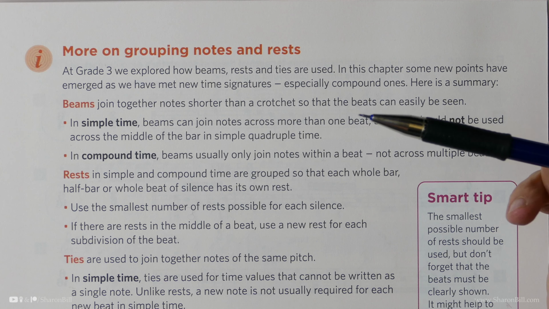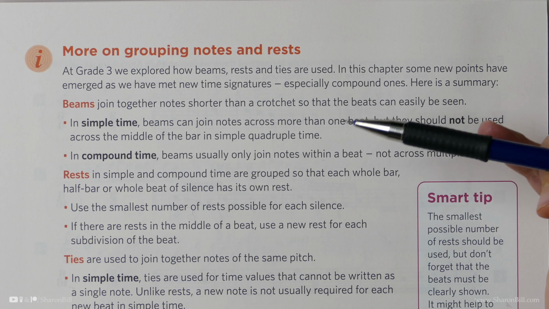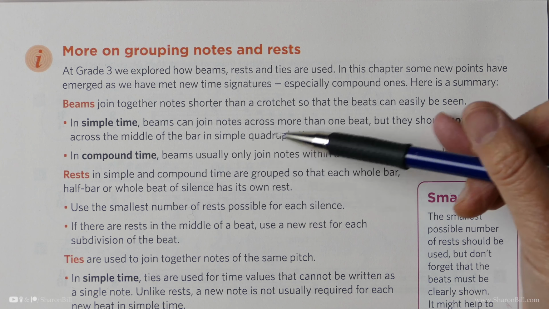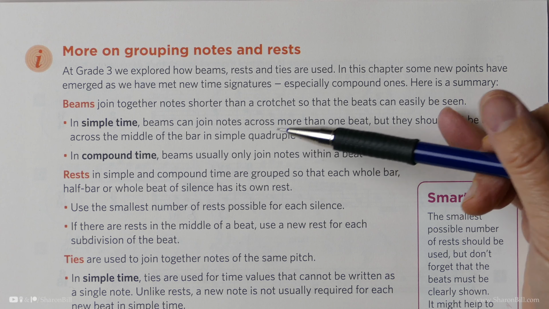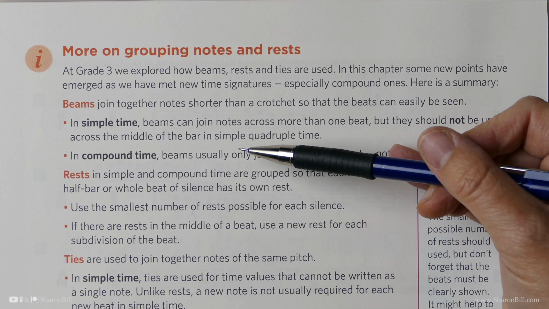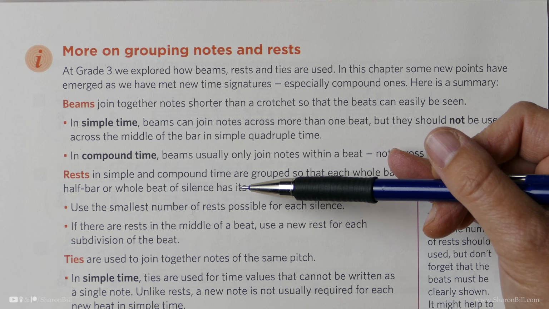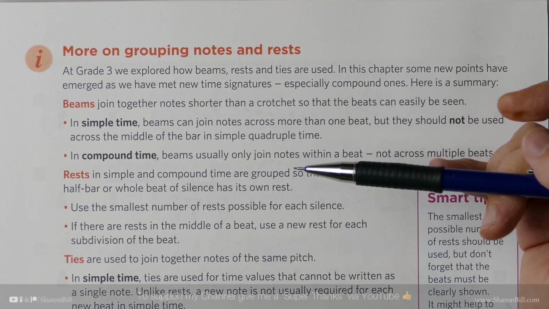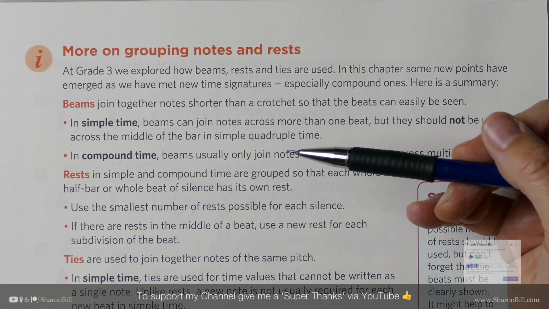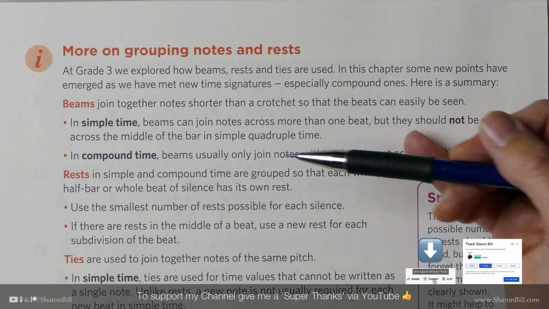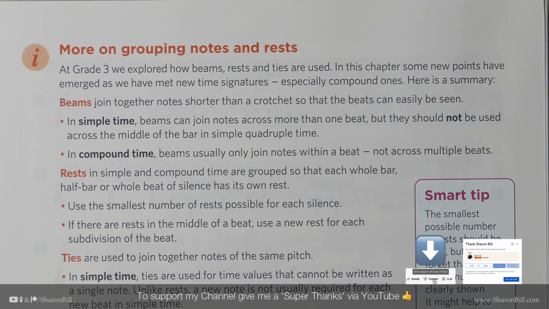We tend to beam things in crotchet beats or dotted crotchet beats, compound time or simple time, if we're grouping in twos or threes. We don't really extend beyond that, otherwise we get lost, apart from 3/8, the odd one out, where we can just beam everything together. And of course we don't beam over the middle of a bar when it's 4 beats per bar. It really does make a massive difference.